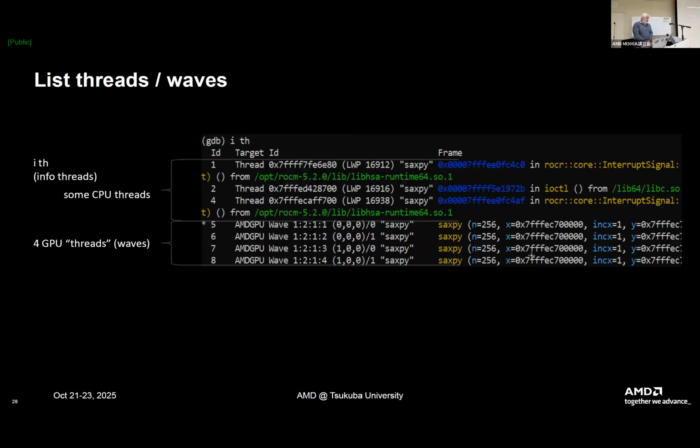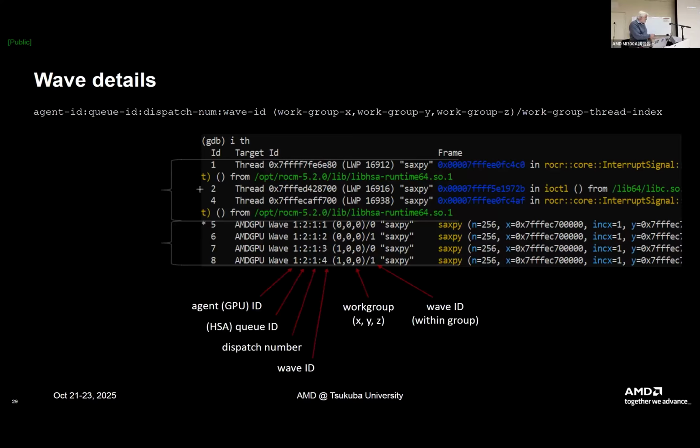We can get information about the threads on the GPU. For example, you can see the different work groups here. There are 2 work groups and 2 waves for each work group, so each of those numbers gives you information about that. Here's the decoder ring.